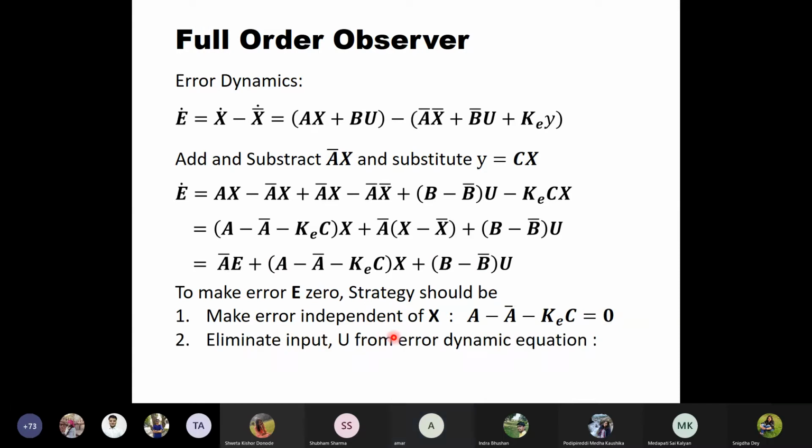So we have to eliminate u from the error dynamics equation, which we can do if we put B minus B bar equal to 0. Finally, if I put these two equal to 0, I will have e dot equal to A bar e, which is the error dynamics equation independent of the state variable x as well as the input variable u.